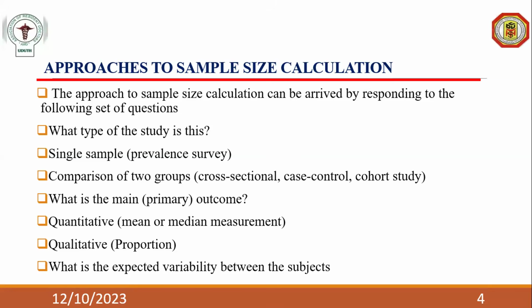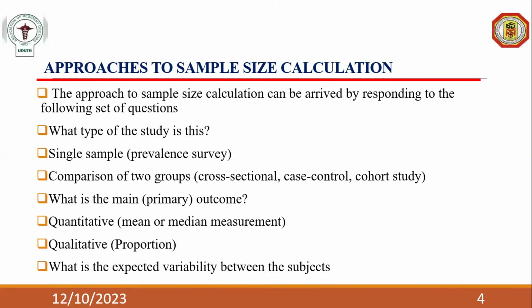So you must know the type, the design of your study, because you are going to select your formula based on the study design. If your study is a cross-sectional study, the formula is different for a cross-sectional study.